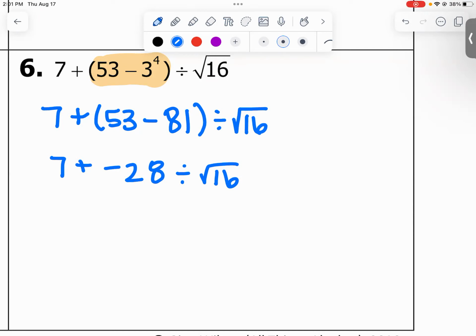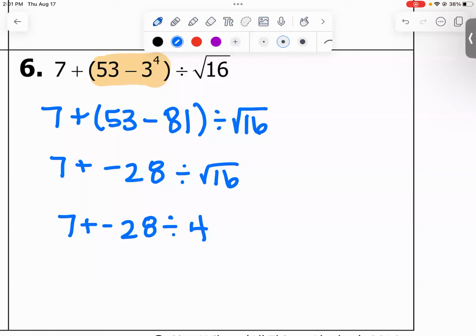At this point, what do we need to do? Square root. Oh my goodness. Connor. 16. Okay, a square root is in the same priority as an exponent. So we have 7 plus negative 28 divided by 4.